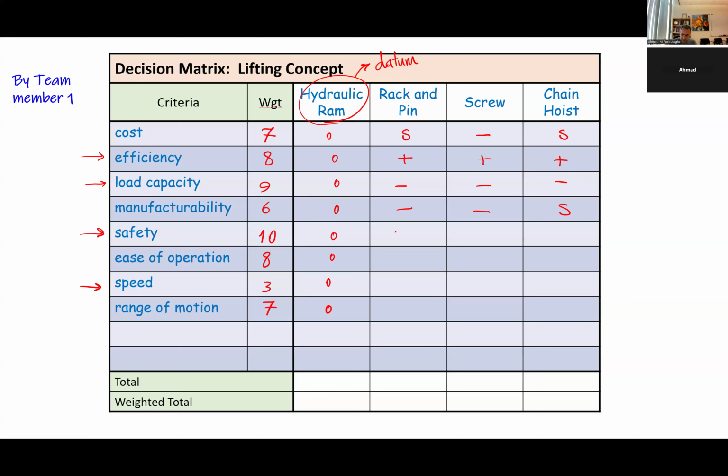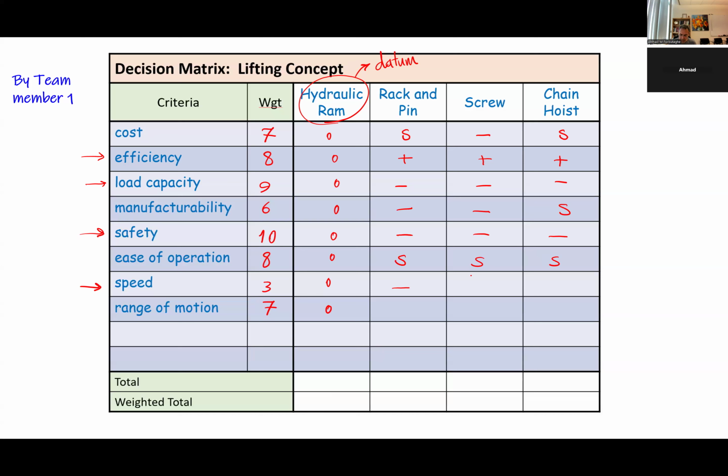So what about the safety? I would say hydraulic is the safest because the rest involves some mechanism. So I would give these a worse score for safety. So we'll continue with ease of operation. I would say they are all the same as hydraulic.